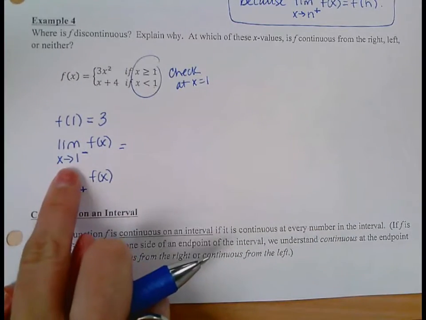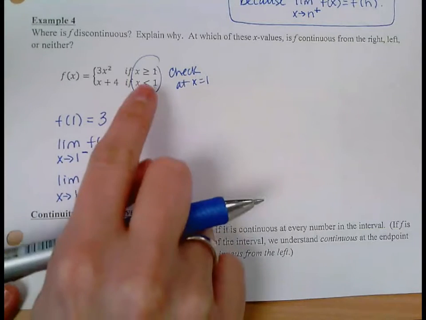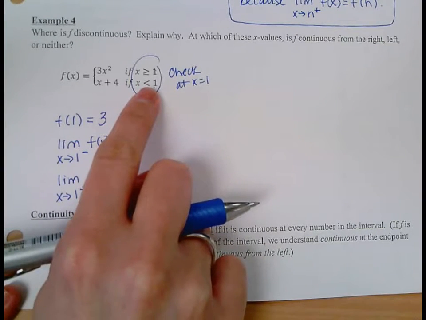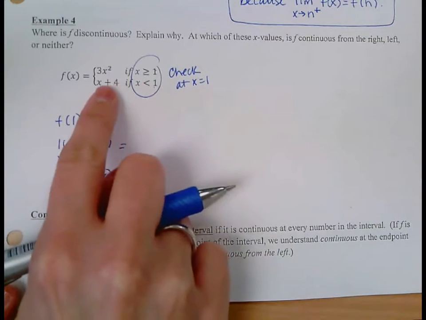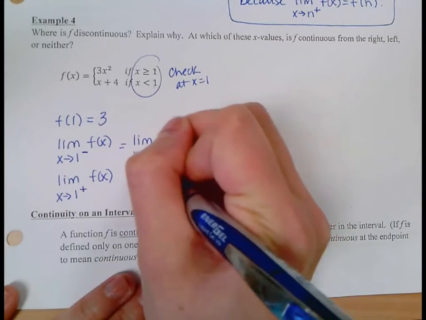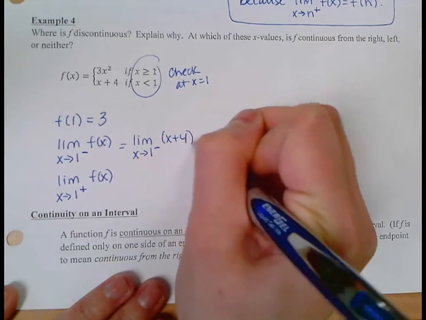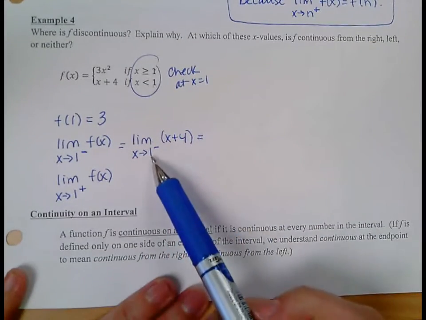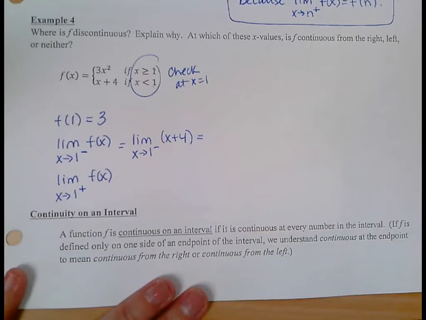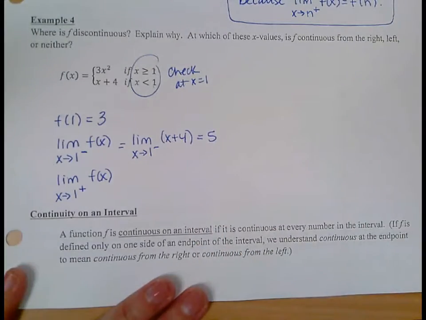So it's domains from the left and from the right side of 1. So if we are approaching 1 from the left, we are looking at the domain for x values less than 1. So we are looking at the expression x plus 4. So this is really the limit as x approaches 1 from the left of x plus 4. And then we can just substitute 1 in. So that would be 1 plus 4, that limit is 5.